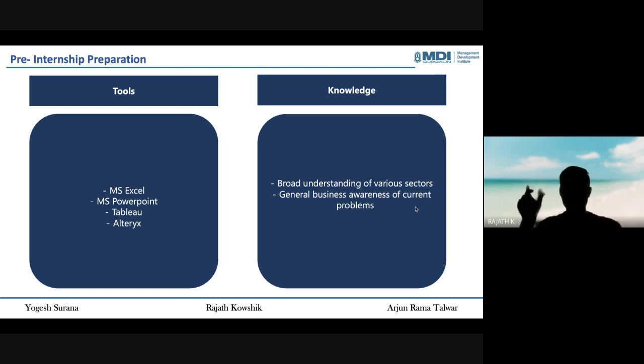Okay. And the second part, of course, is knowledge, right? So given that you're not really in a position to determine what sector you'll be placed in, and because the value chains of various sectors, I mean, the second you deep dive into a particular sector, these can get really nuanced and complicated, right? So what is generally expected is a broad understanding of the various sectors.